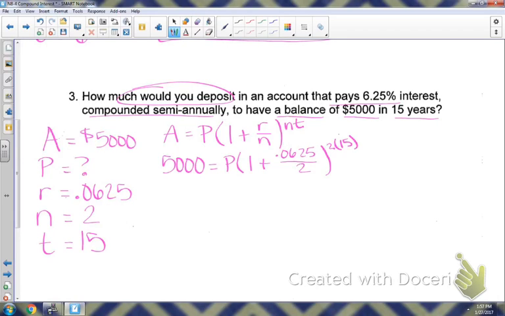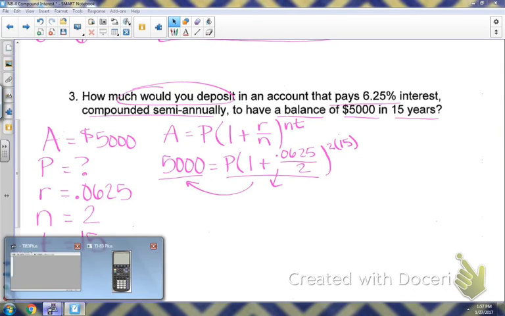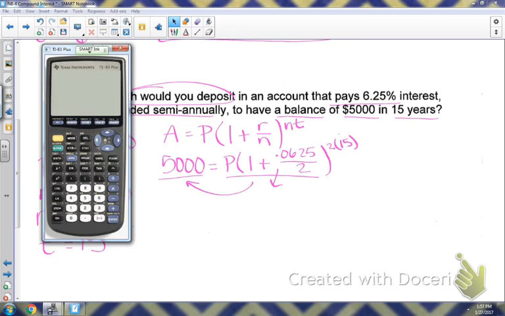All right, so this time, since we're having to find P, we need to get P by itself. So what we would need to do is divide by that number on both sides. Okay, let me show you how you can do that in the calculator, because you don't want to find that number by P and then round that and then round again at the end, because that won't be the most accurate answer.